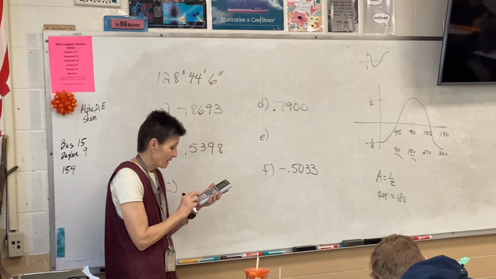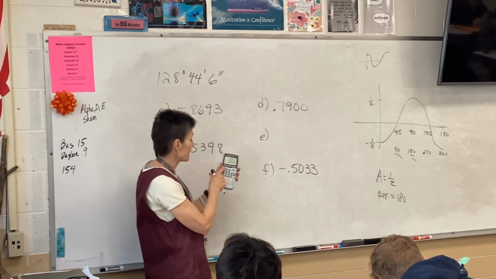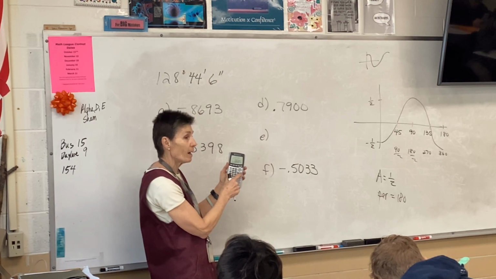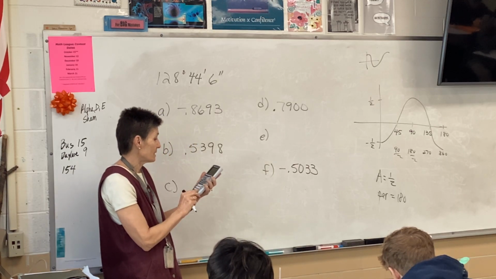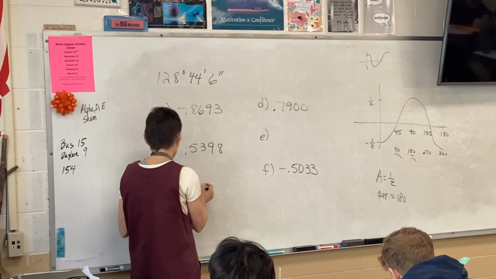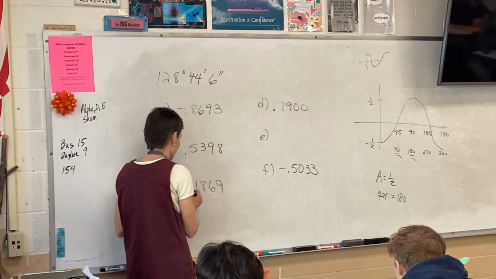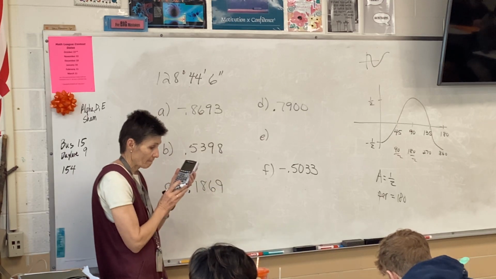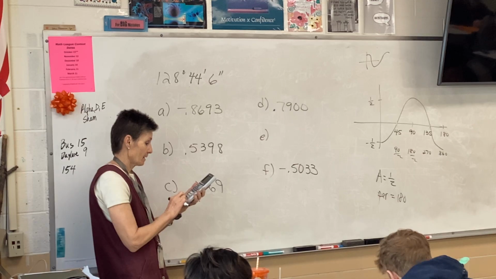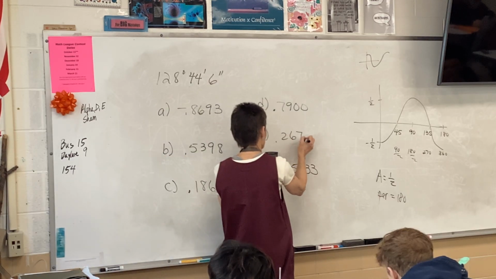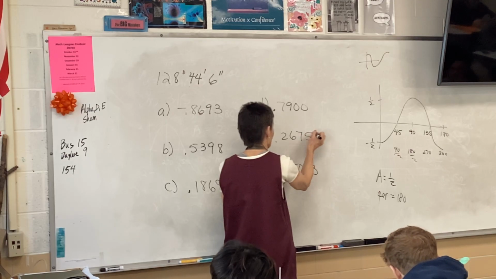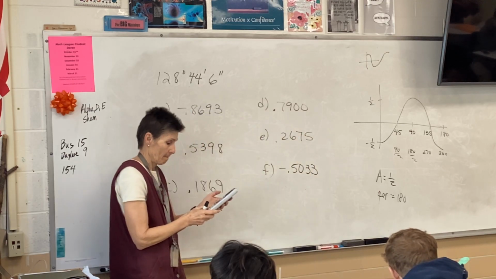Tangent 18 pi, use your pi button, divided by 17.1869. And cosine 1.3, 0.2675. Where's my pi button?